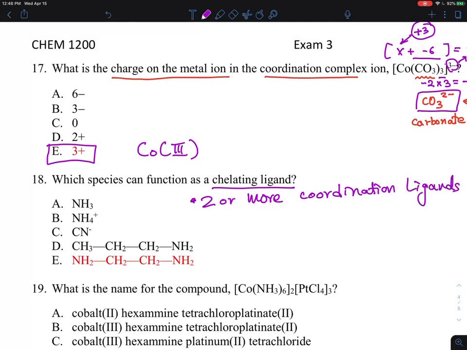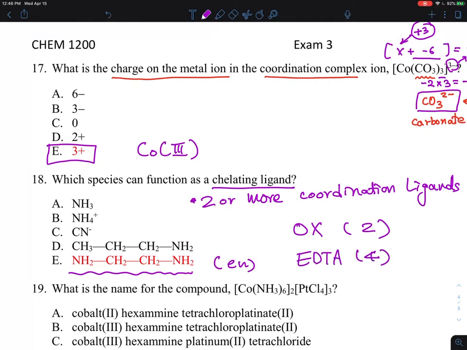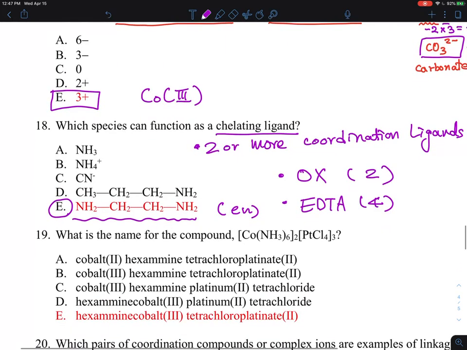For example, this is ethylenediamine, remember? And you remember the oxalate, and that's 2 coordination. EDTA is 4 coordination, and this is what I discussed in the introduction of the crash course, in the first part on nomenclature. So that's a chelating agent.